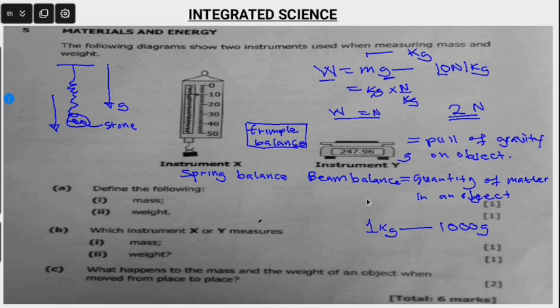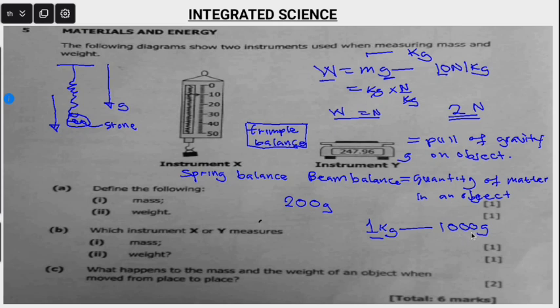When you are calculating the weight, you need to make sure that mass is in kgs. Let's say they have given you a mass of 200 grams. How can you convert this into kgs? You need to say that here we are having kgs and here we are having what?